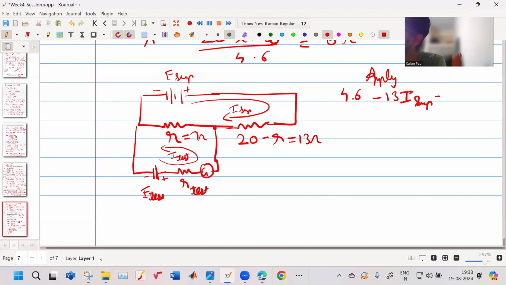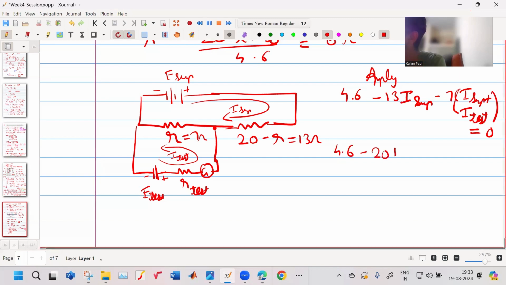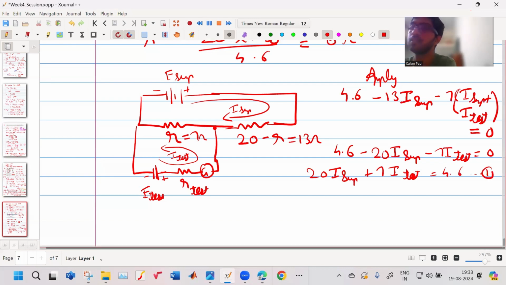Then minus 7 ohm resistance into the current which is flowing, your I supply plus I test. This entire current is equal to 0. Right? So it becomes 4.6 minus 20 I supply minus 7 I test is equal to 0. So your 20 I supply plus 7 I test is equal to 4.6. This is your equation 1. Any doubts in this?